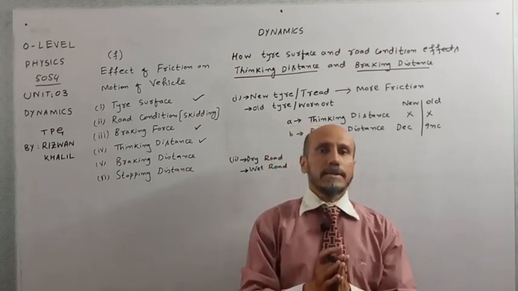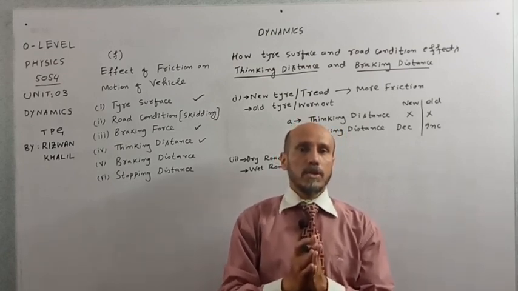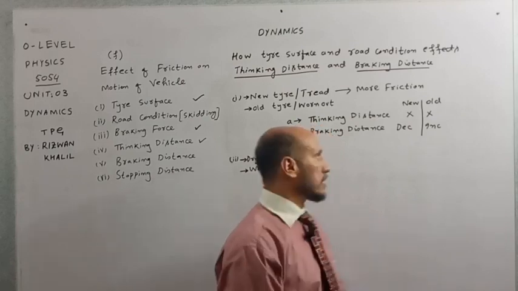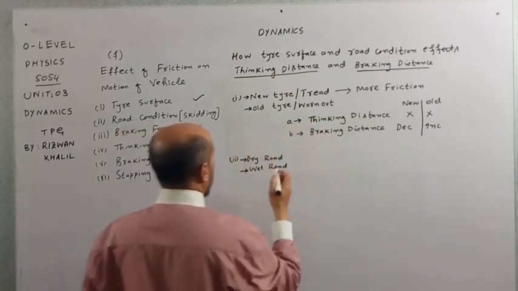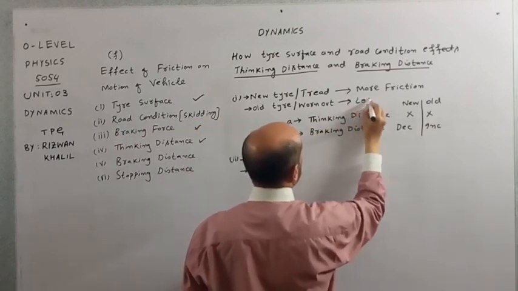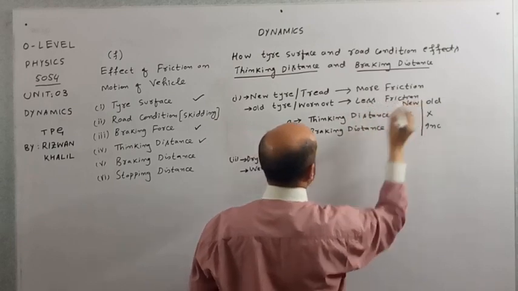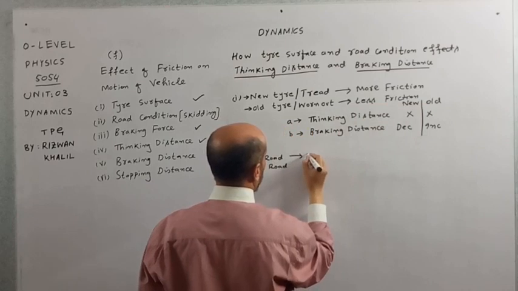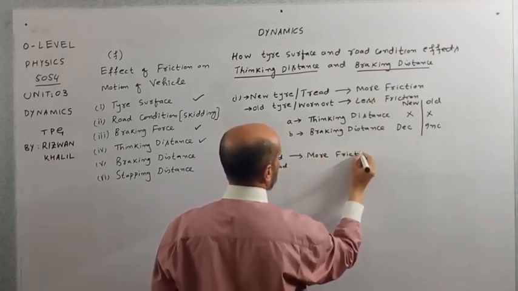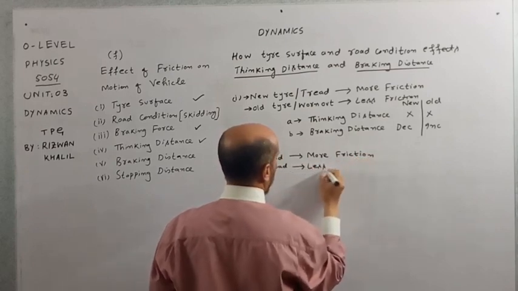Now we will consider the effect of road conditions on both thinking distance and braking distance. Dry roads mean more friction. Wet roads mean less friction.